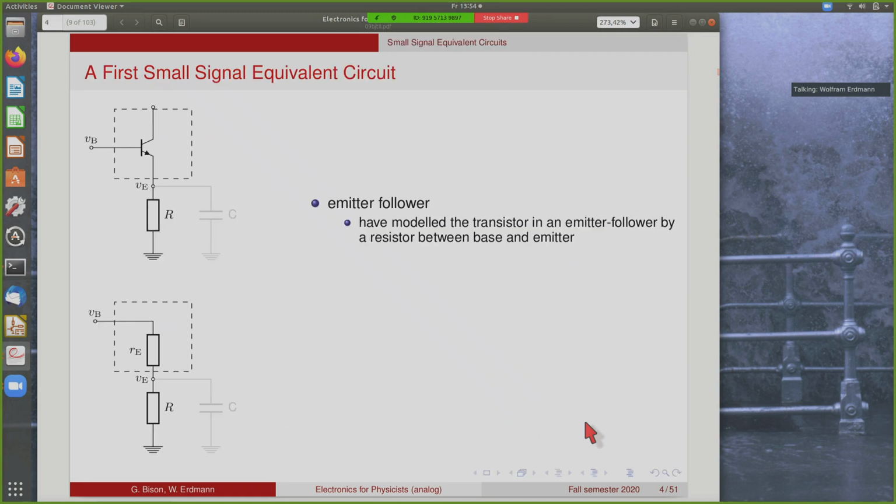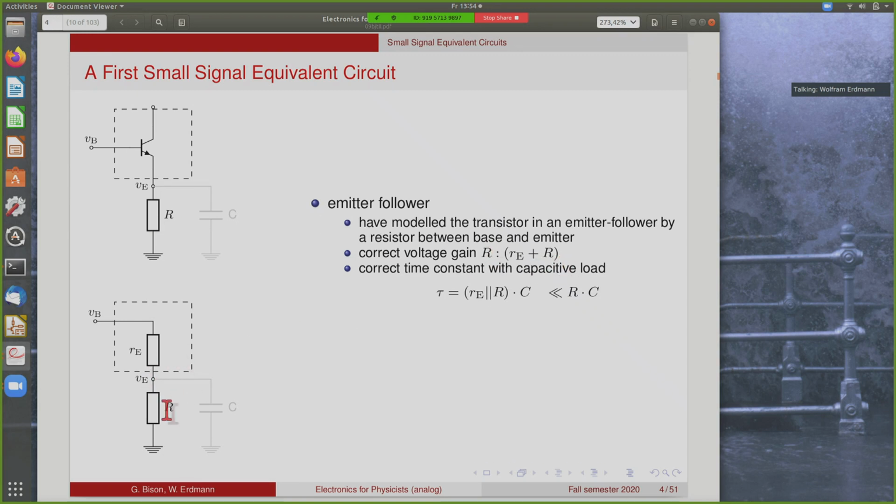So we have modeled the transistor in the emitter follower simply by a resistor between the base and the emitter last week, and that was okay to describe the gain of this circuit. So how much does this point change when we change the voltage at the input?